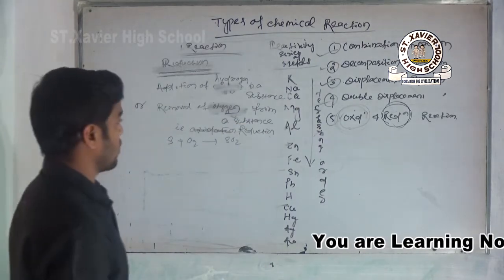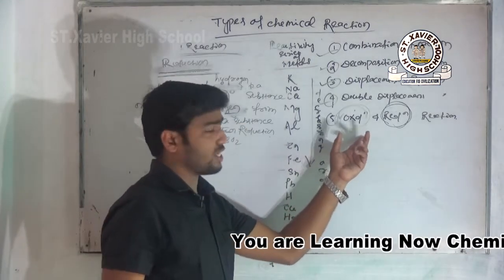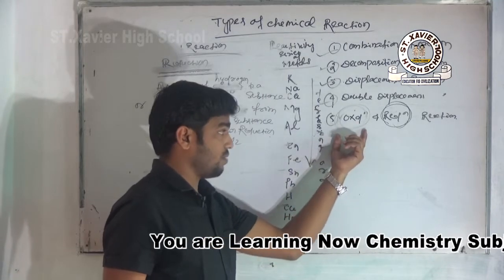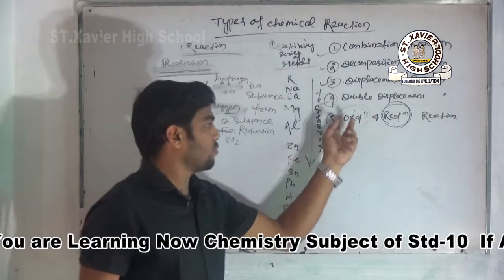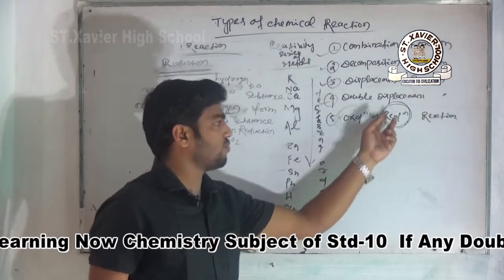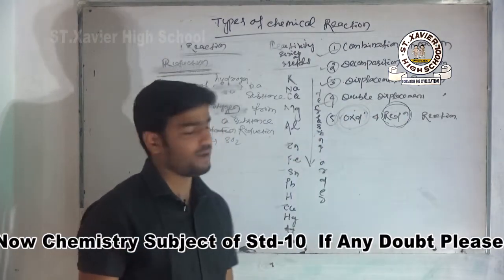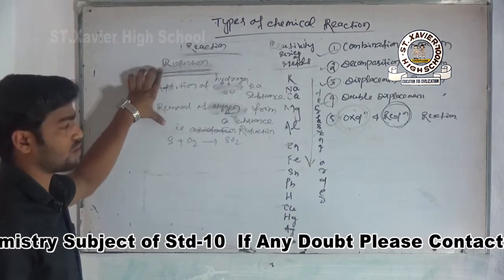Okay, it's just the reverse of oxidation. In oxidation, oxygen is added, but in reduction hydrogen is added. In oxidation, removal of hydrogen takes place, here removal of oxygen takes place. So this is also about reduction.